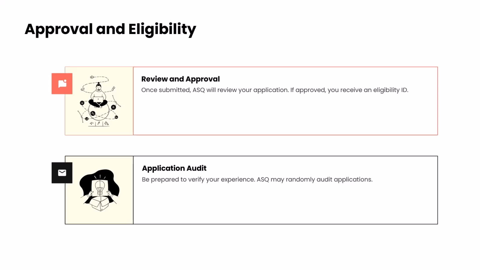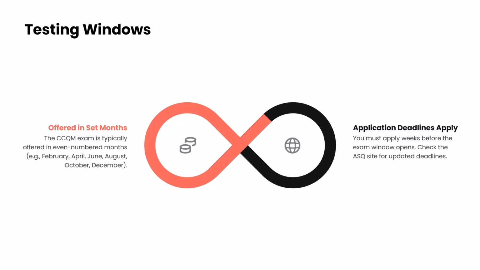So now your application has been accepted and you have been issued an eligibility ID by ASQ. Your next step will be to book your exam date. Before booking, let's understand that ASQ does not offer this exam anytime. They have grouped these exams into two categories.